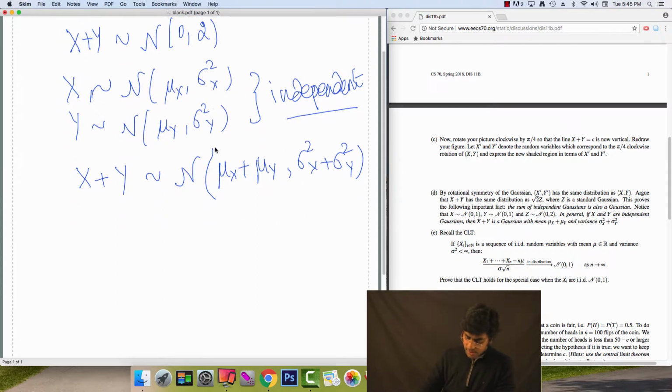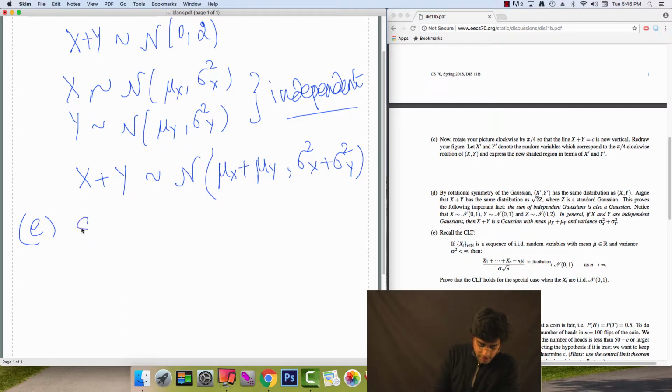OK, now let's talk about part E. So part E talks about a special case of the central limit theorem. And remember, the central limit theorem states that if you take n IID draws from some distribution, where each of your draws is identical and independent of each other, then the sum of your draws will resemble your expectation very, very likely.